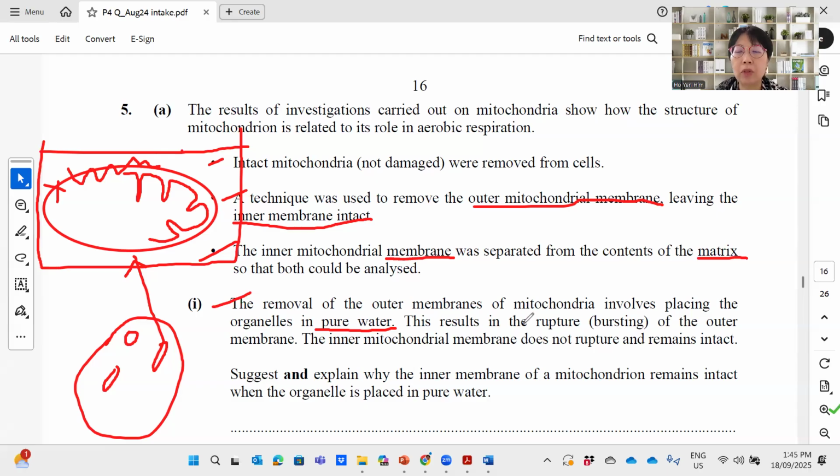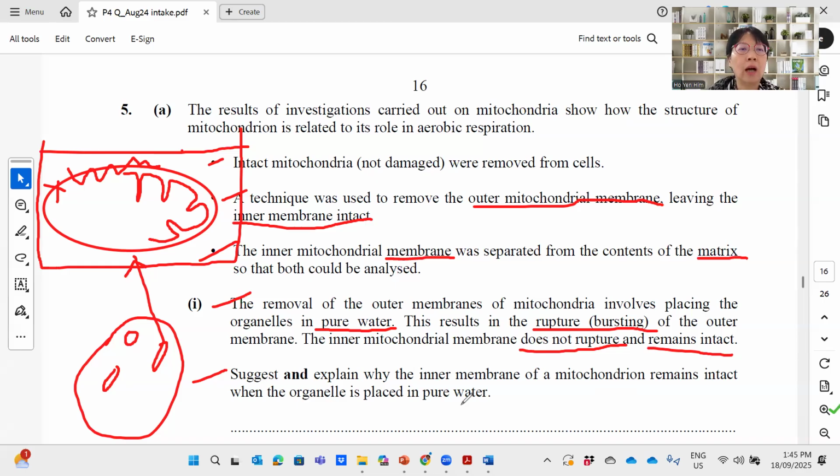This results in the rupture, the bursting, of the outer membrane only. The inner membrane does not rupture, which is very interesting, and remains intact. So the question asks the student to suggest and explain why the inner membrane of the mitochondrion remains intact when the organelle is placed in pure water. The answer is a very interesting one.